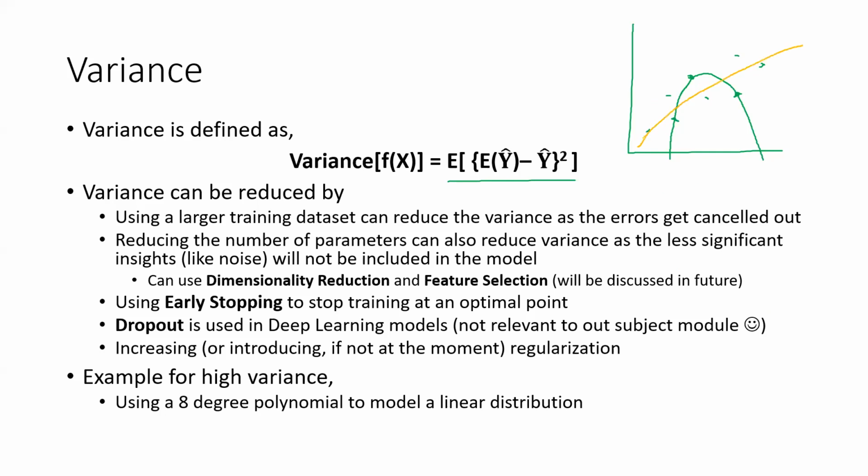There would be some curve, but still it would be much better than this one, right? So when you increase the number of data points, you will have a better model with reduced variance. Here what has really happened is that the errors have got cancelled out. If you think like that, you can understand it. Don't think too much about it, right?